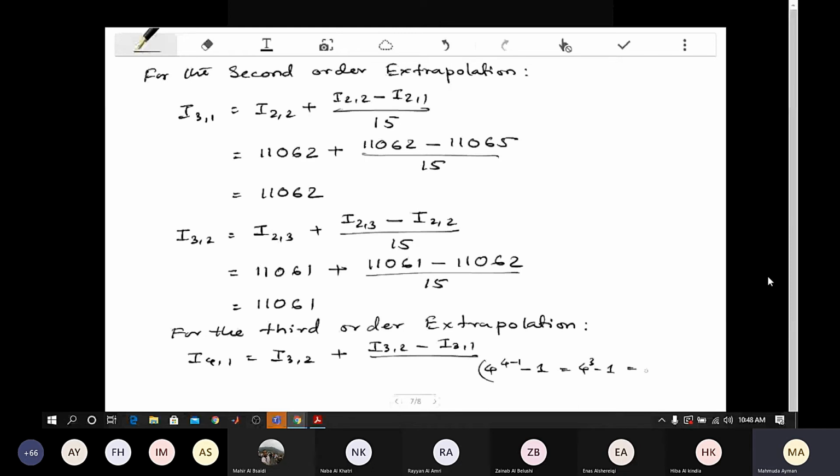So the value here is 63. Correct. Great. That makes me really happy because you all are following. I don't have enough space to write all the values, so I'll just give you the final answer here, which is 11061.